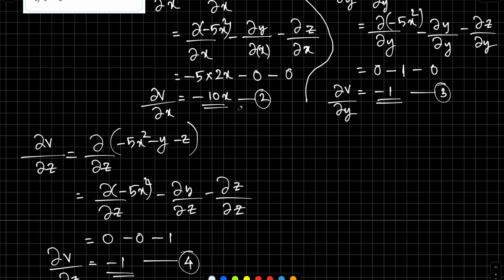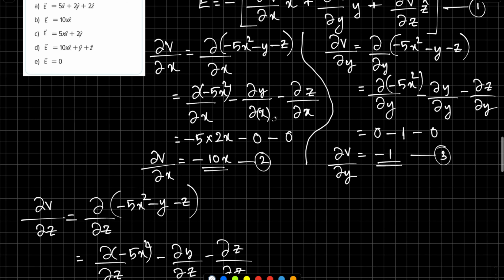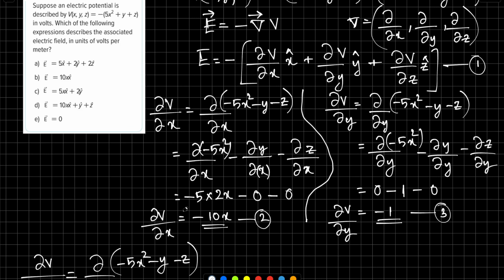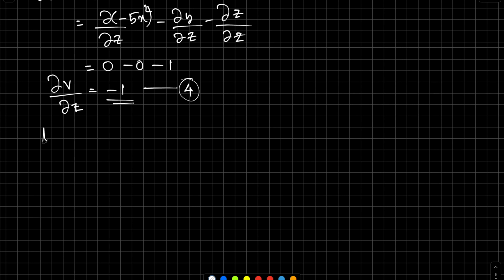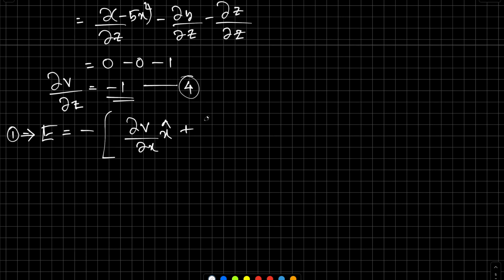So we have ∂V/∂x, ∂V/∂y, and ∂V/∂z. Now let's substitute all these partial derivatives in equation number 1. This is my equation number 1: E equals minus [∂V/∂x x cap plus ∂V/∂y y cap plus ∂V/∂z z cap].